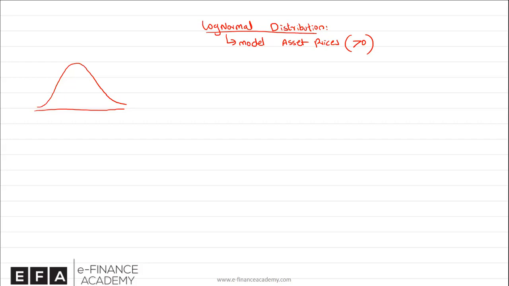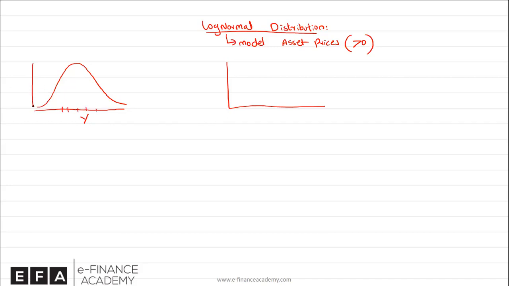And for such a kind of distribution, what we mean by the log normal distribution is, let's say you have a random variable y, which can take on these different values.